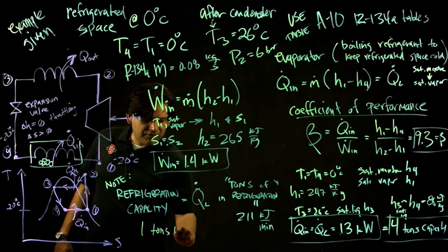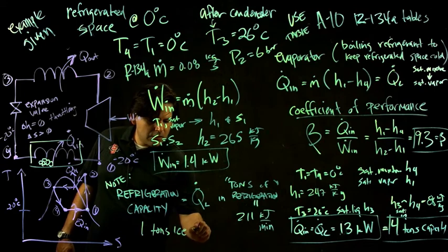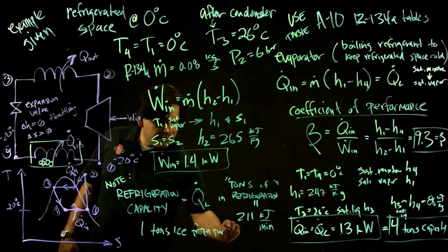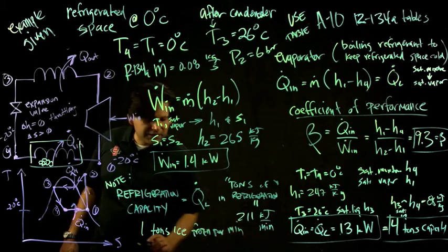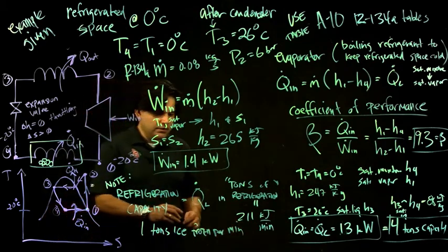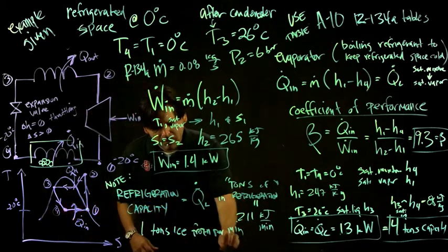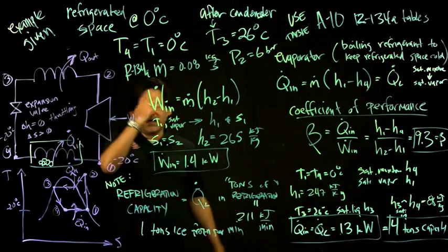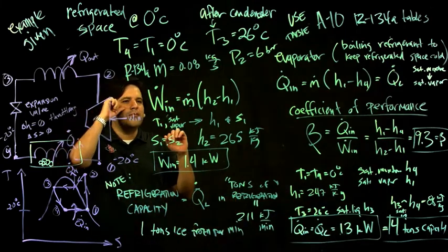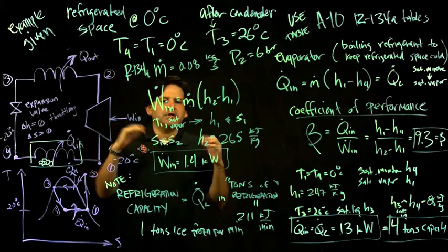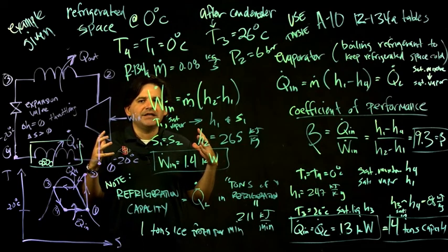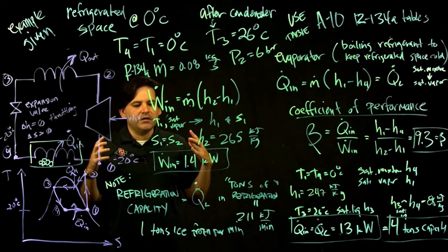That's the history of this unit, where what we were trying to do was freeze ice, because in the initial days of refrigeration, only one big ice house had a refrigerator.